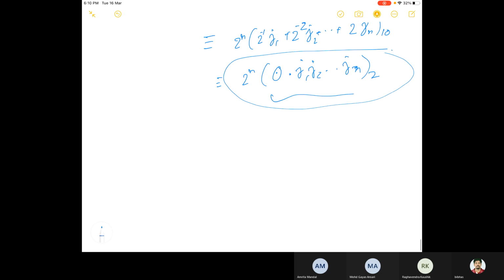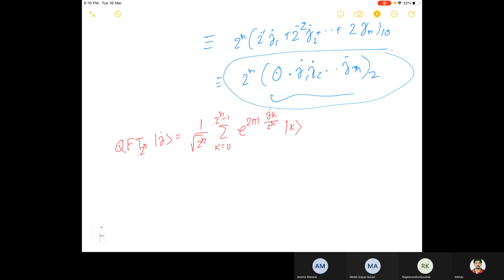So let us see what the right hand side of this QFT is. Let me write it. QFT to the power n of J is 1 by square root of 2 to the power n, sum over k equal to 0 to 2 to the power n minus 1, e to the power 2 pi i jk by 2 to the power n, k.